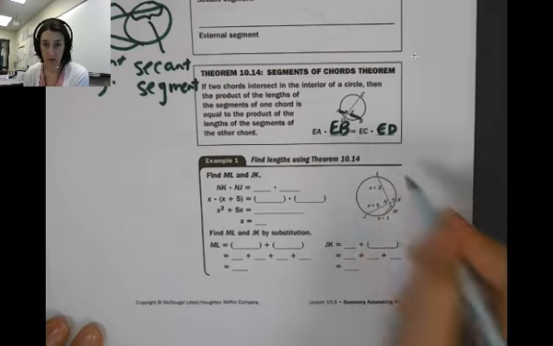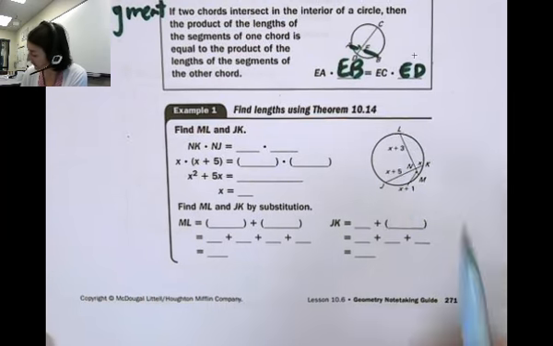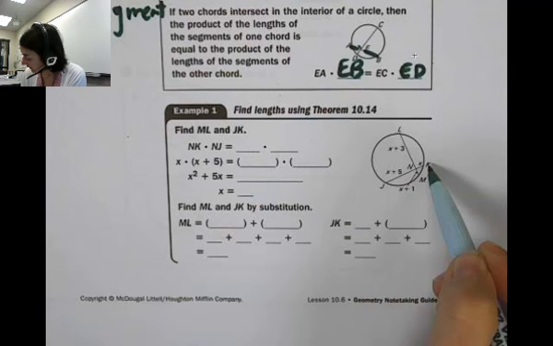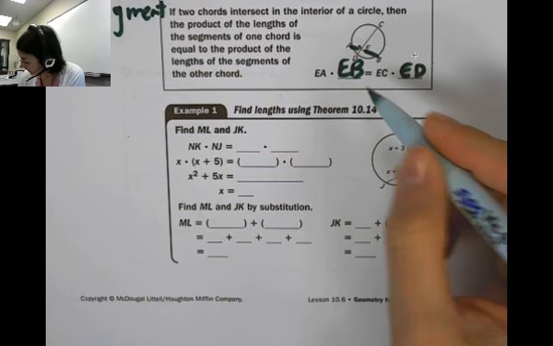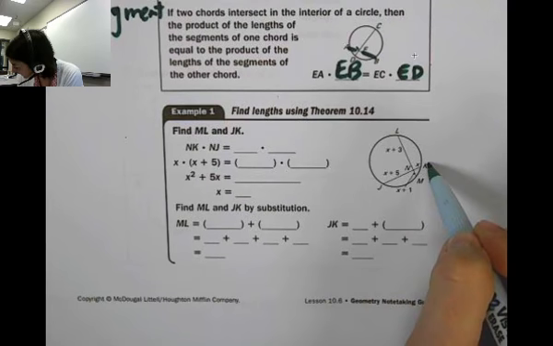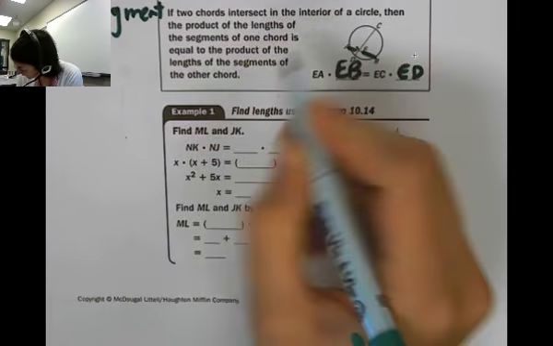So let's apply that in a problem down here. We're given this diagram, and we want to find length ML and length JK. So we start plugging in what we know. NK times NJ is equal to NL times NM.